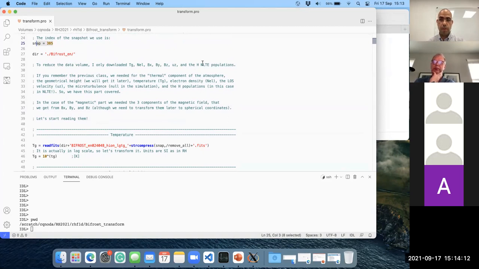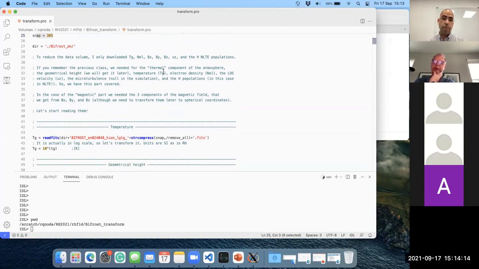In this case, non-LTE populations. So if you remember, we had 2 main components for an atmosphere in RH that were separated. The one that I usually call thermal, and is the one that contains geometrical height, that we will see later how you can derive it from the previous atmospheric parameters.